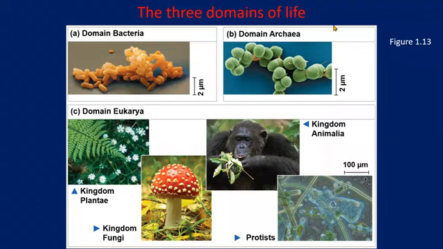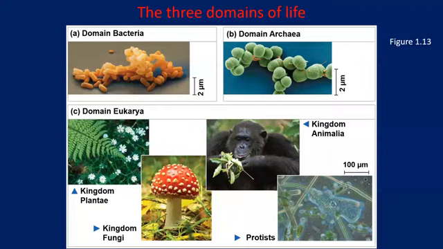Then the second domain is archaea. Organisms from the domain archaea can be found in extreme environments such as salty lakes and boiling hot springs, and it includes multiple kingdoms.